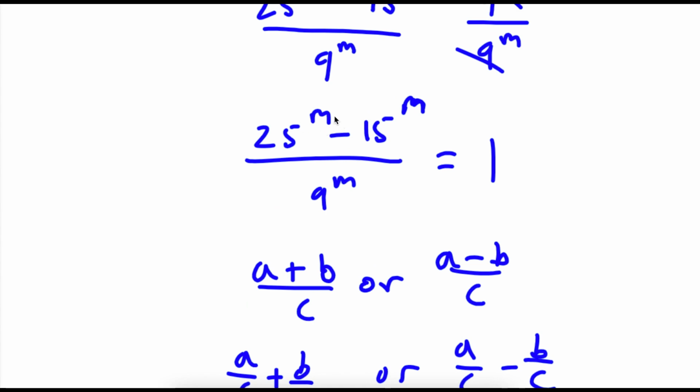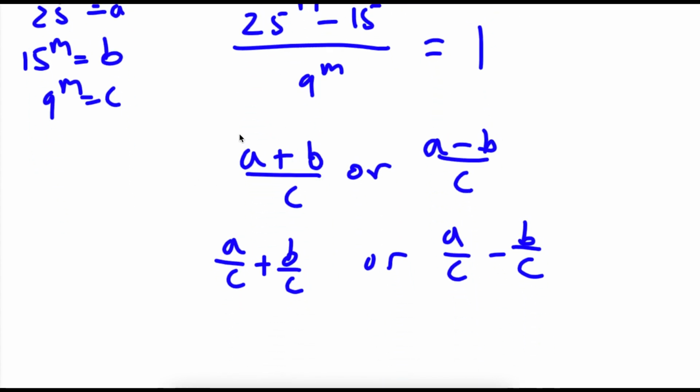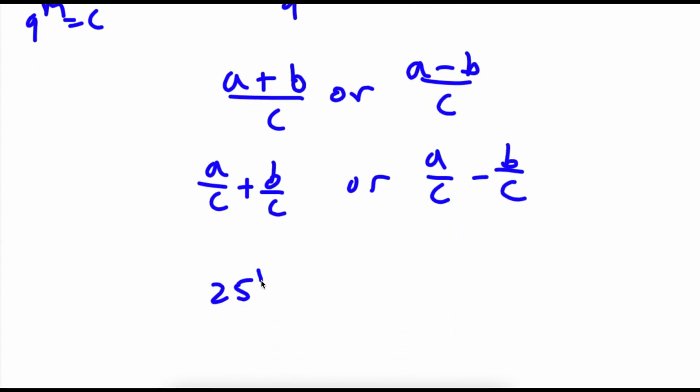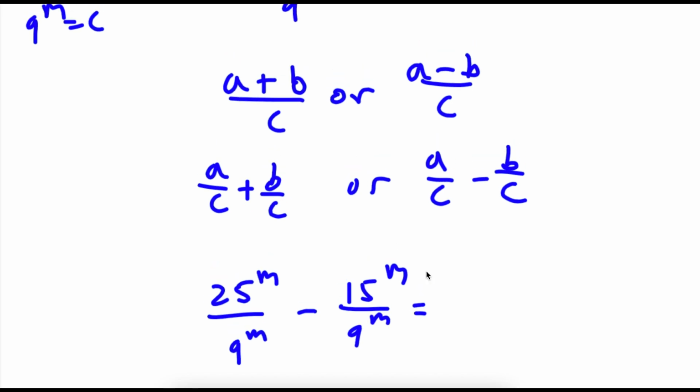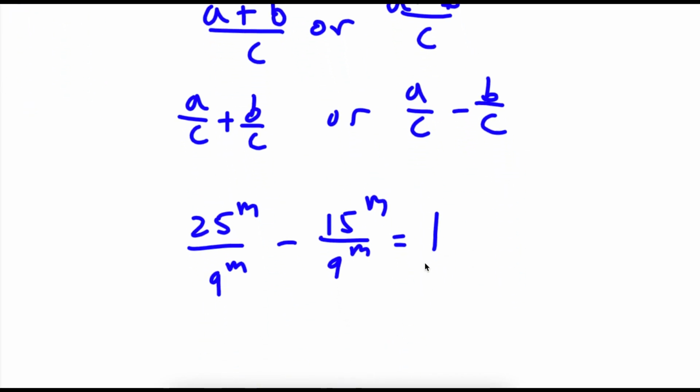So in this case, we can think of 25 to the power of m as a, and 15 to the power of m as b, and 9 to the power of m as c. So this would equal 25 to the power of m over 9 to the power of m minus 15 to the power of m over 9 to the power of m. And this is equal to 1.